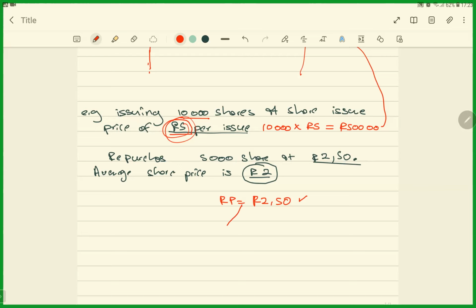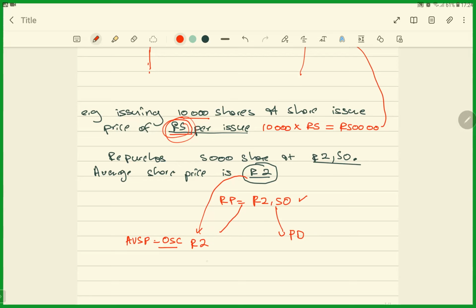Firstly, we're going to use the money from the ordinary share capital. So we have what we call the average price here, for the ordinary share capital, SC. In our case, it will be the R2 here. Then we cannot rely only on ordinary share capital. We'll also have to take money from the retained income, with what I call the price difference. The price difference is the price above the average share price.